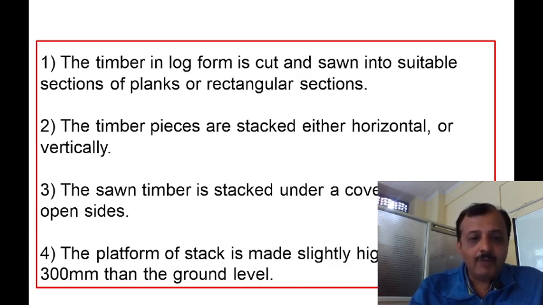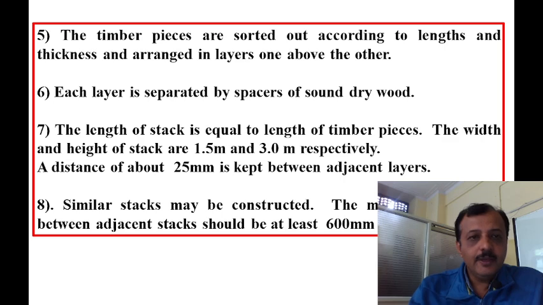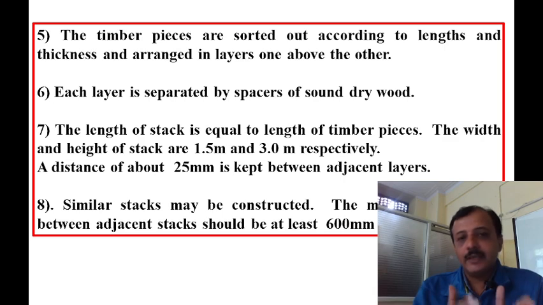The platform of the stack is made higher, above 30 centimeter or 300 mm above the ground level. The timber pieces are sorted according to length and thickness, and arranged in layers. Each layer is separated by spacers of sound, dry wood. Whenever you use wood as spacers, it should be dry seasoned wood.